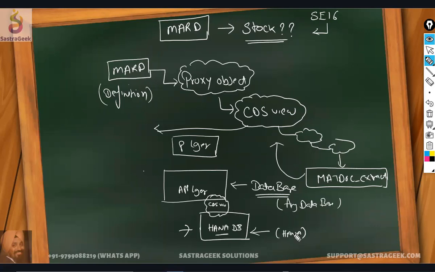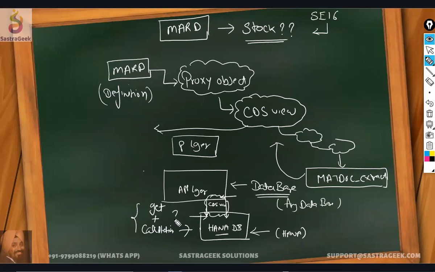Okay. So what CDS views do, CDS view tries to reduce the load in the application layer. It is written here, but it is passing your commands to the HANA database. Any application layer logic passes the commands to the database to get the data. But with CDS view, SQL language is used, so we can get the data plus we can also do the calculations in the CDS view.